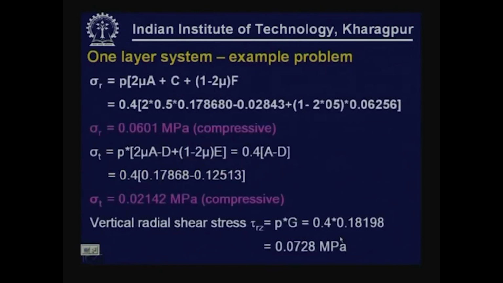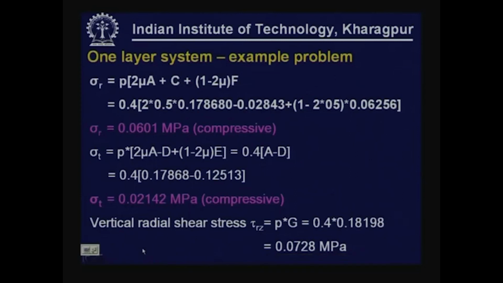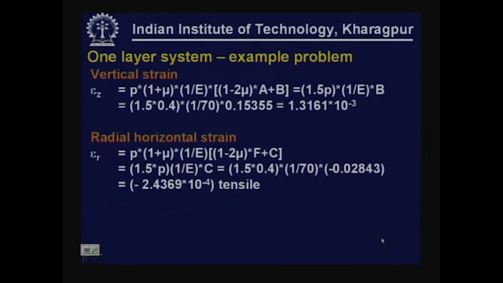Similarly, I have selected all the other parameters C, F and others, and the values that I have calculated for different other parameters sigma R, sigma T and so on are presented here for your reference. Here we have vertical strain for the same problem and also the radial horizontal strain for the same problem.